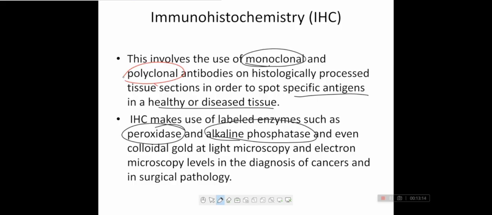In the previous slide, you saw how in the indirect method the secondary antibody is labeled, and in the fluorescence method how the primary antibody is labeled with a fluorescent molecule. So in immunohistochemistry also, labeled antibodies are used to determine the reaction between antigen and antibody.